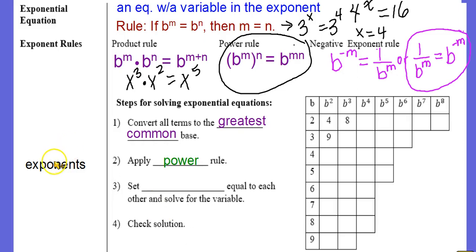Once we apply the power rule, we will be able to set the exponents equal to each other and solve for the variable. And then we'll check the solution, and you can check it with your calculator, or you can check it by hand. That's up to you.